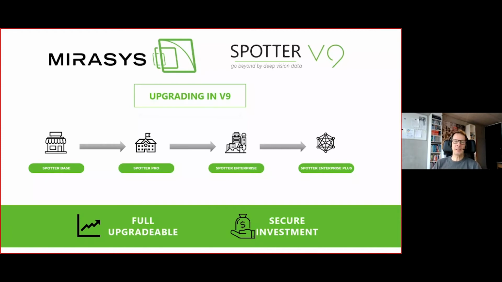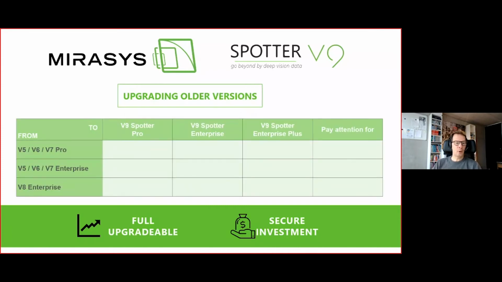What is happening if you have an older version? So you know that we have Spotter V5, V6, V7 Pro, V5, V6, V7 Enterprise, and V8 Enterprise. If you want to upgrade to Spotter 9, for the Pro versions, there is an upgrade path to Spotter 9 Pro.